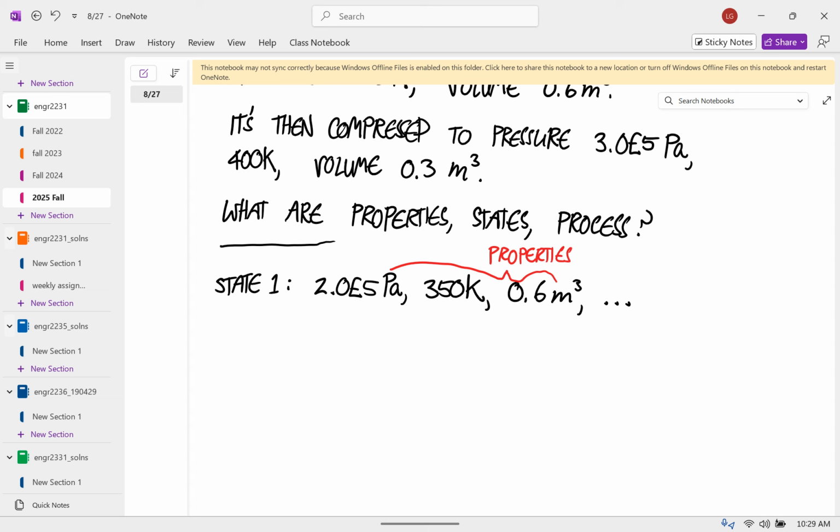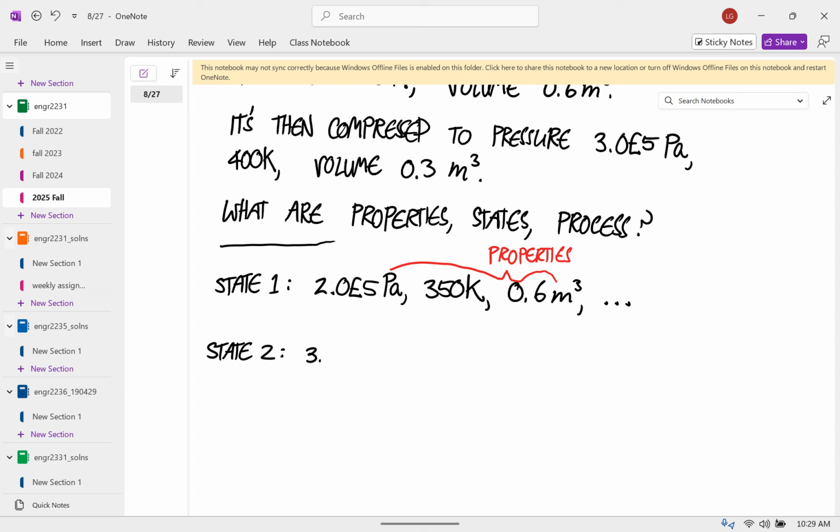There's infinitely many states that have a pressure of 2 times 10 to the fifth pascals, but for a certain material there's only one state that has a pressure of 2 times 10 to the fifth pascals and a temperature of 350 Kelvin. Then you can figure out all these other properties based on that. And then state 2 would be that second set of measurements at that second instant.